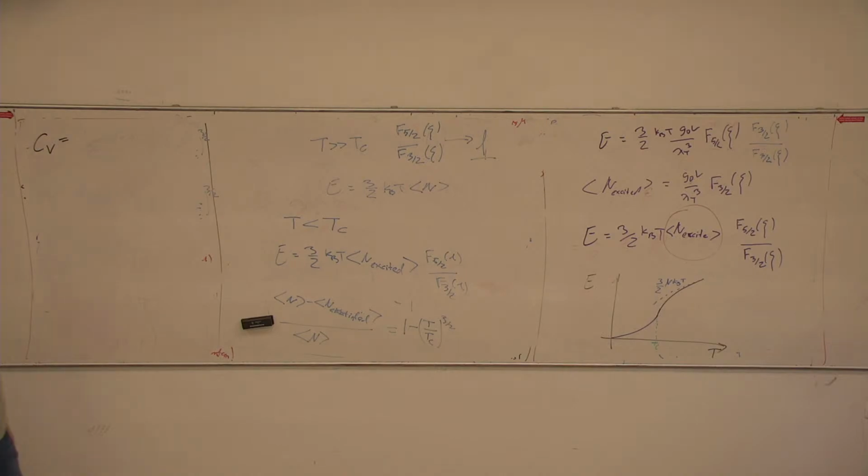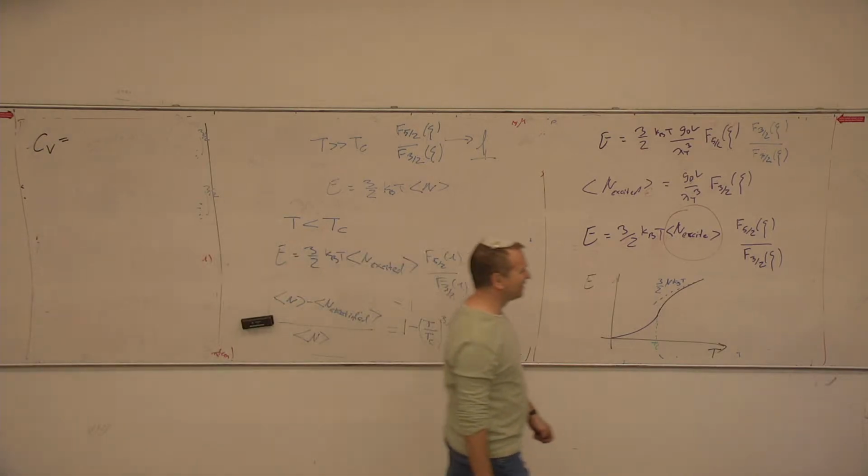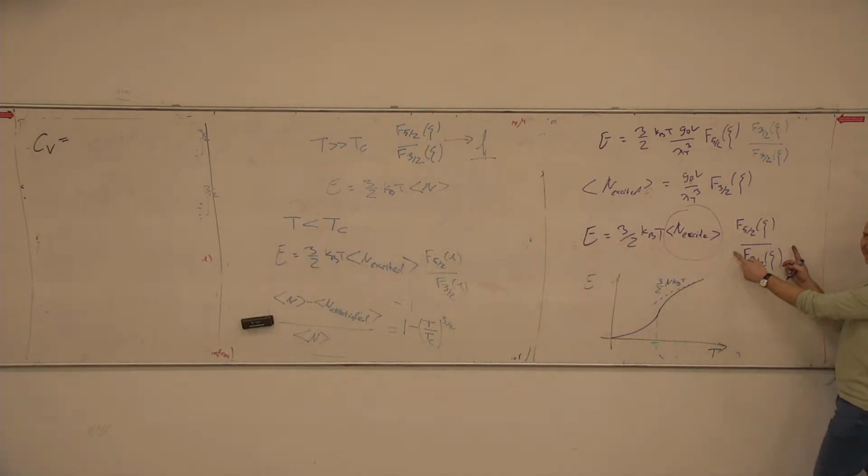When you take the derivative with T, you have this ugly part, right? This is ugly because it depends on the fugacity. And fugacity for temperatures larger than Tc is not 1. It's e to the power beta mu.